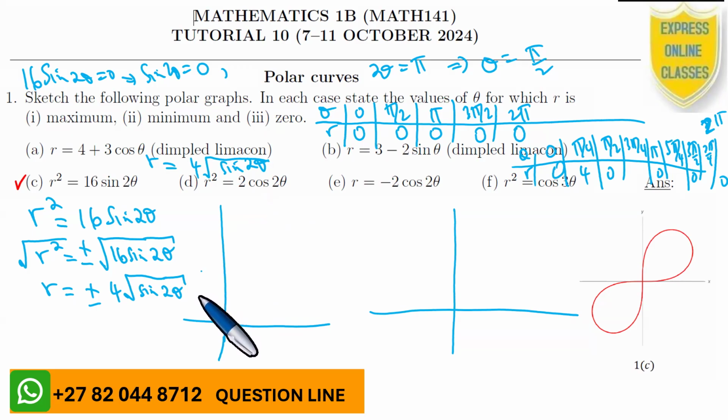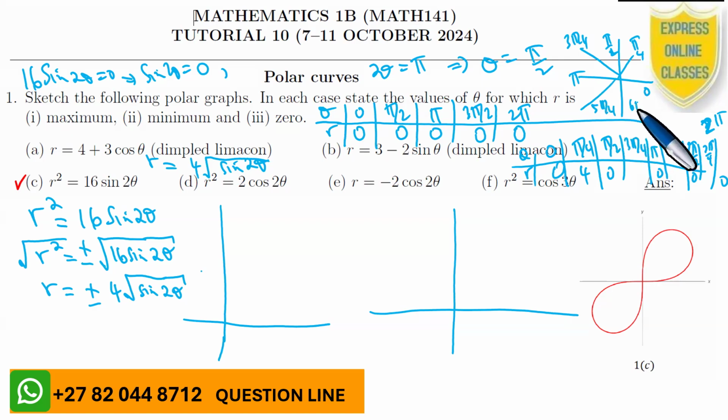So let us see now what we are doing here. We're going to have the 3 pi over 4. In which quadrant is that? Sometimes it will help you to just look at this, and then you do 0, then pi over 4, then pi over 2, because you might do this without a calculator. This is pi over 4, 2 pi over 4, 3 pi over 4, 4 pi over 4, 5 pi over 4, 6 pi over 4, 7 pi over 4, 8 pi over 4.